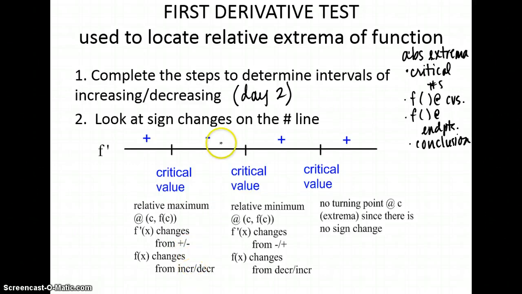If there's a sign change from negative to positive, then at that critical value, a relative minimum occurs. And again, look at the y values of the function. Your derivative switches from negative to positive, and therefore your function switches from decreasing to increasing. If you do not have a sign change, then no extrema occur. And that's a valid case as well.